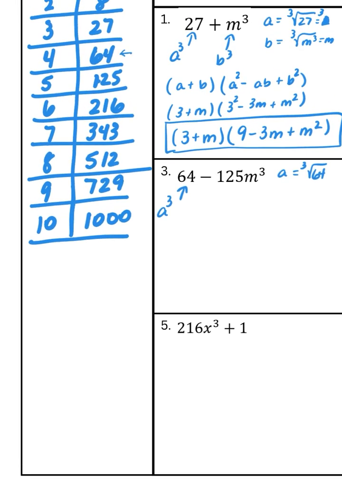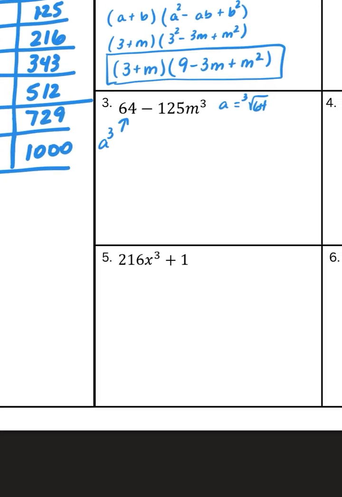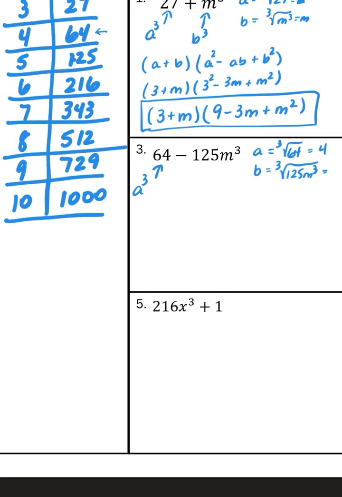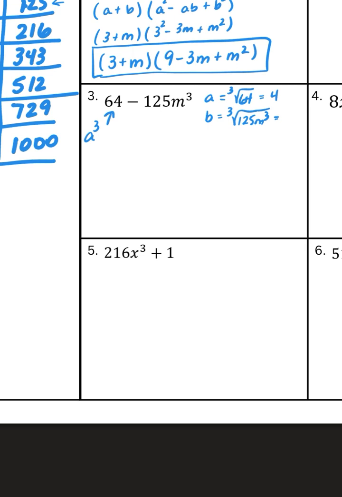Right here, 64. So 4 to the third is 64, so the cubed root of 64 is just 4. And then B is going to be the cubed root of 125 m to the third. So 125 is 5 cubed. So that's going to be 5m.